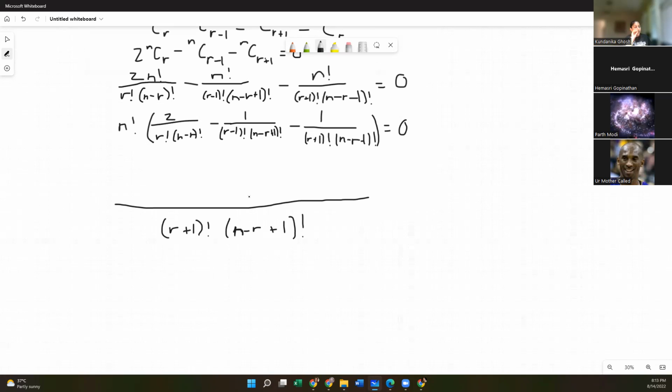So now, what times r factorial equals r plus 1 factorial? Well, r plus 1 factorial can be rewritten as r plus 1 times r factorial, right? Yes, no, we understand that? Yeah. Okay, so that means that r plus 1 times r factorial equals r plus 1 factorial.